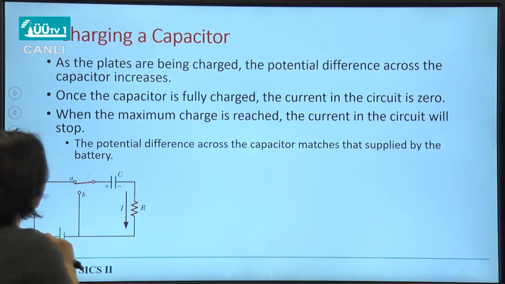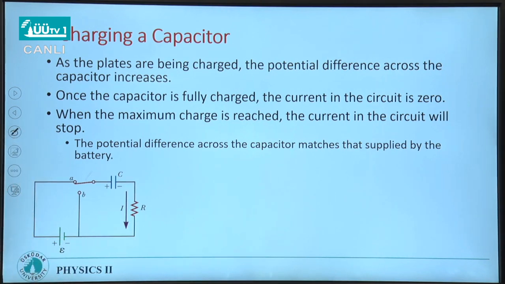Okay, while we are charging the capacitor, as the plates are being charged, the potential difference across the capacitor increases. Once the capacitor is fully charged, the current in the circuit will be 0. Or in other words, when the maximum charge is reached, the current in the circuit will stop.